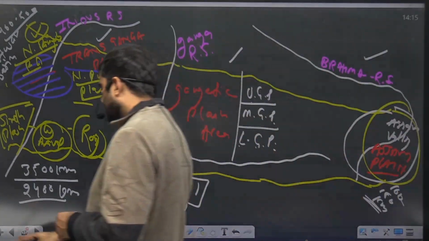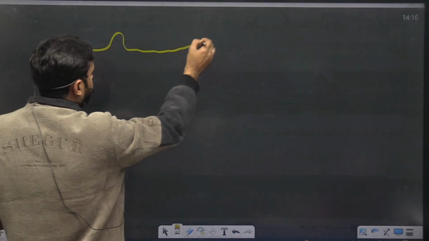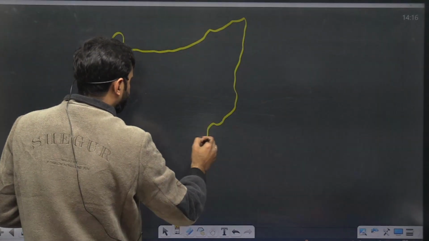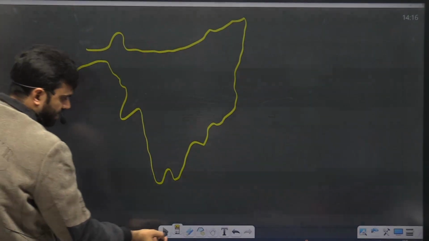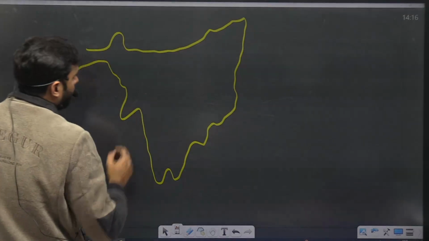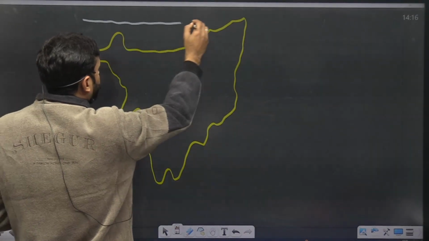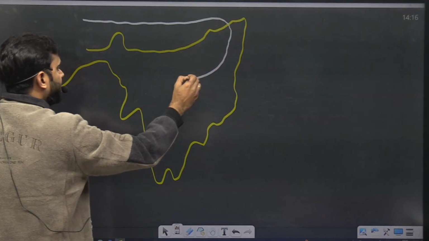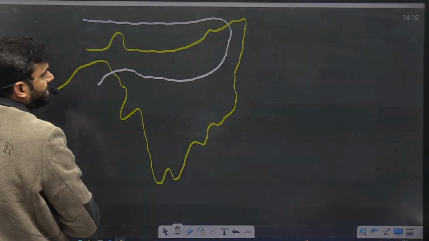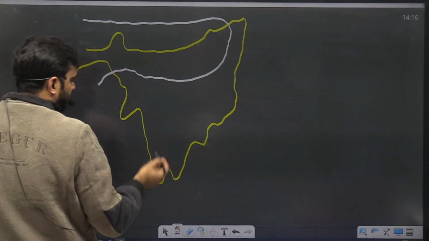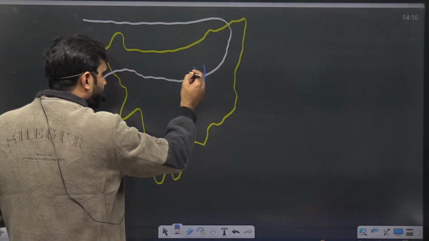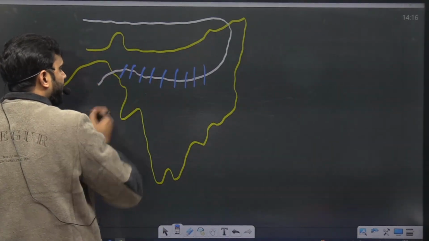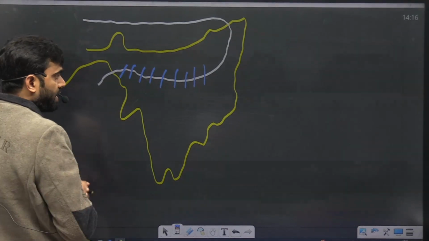When we talk about the Assam plain area, let's try to understand through the map. Okay, let's start. As we know, the Brahmaputra river originates from the Himalayan side and enters India through Arunachal Pradesh. Basically, this narrow part is known as the Assam plain area. This is the narrowest part. Why am I saying this?